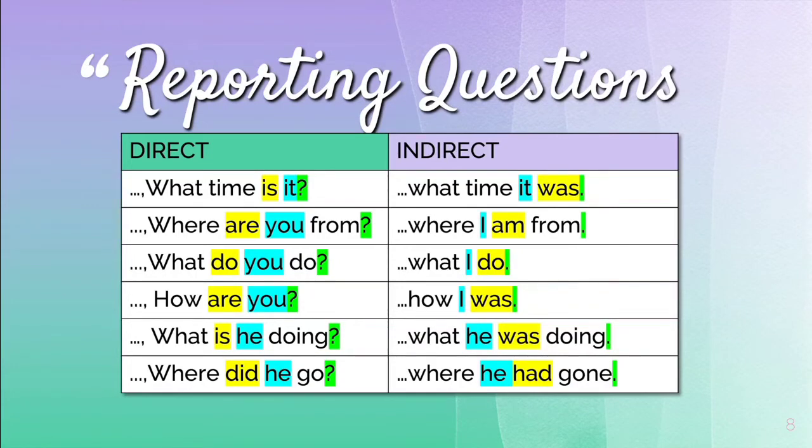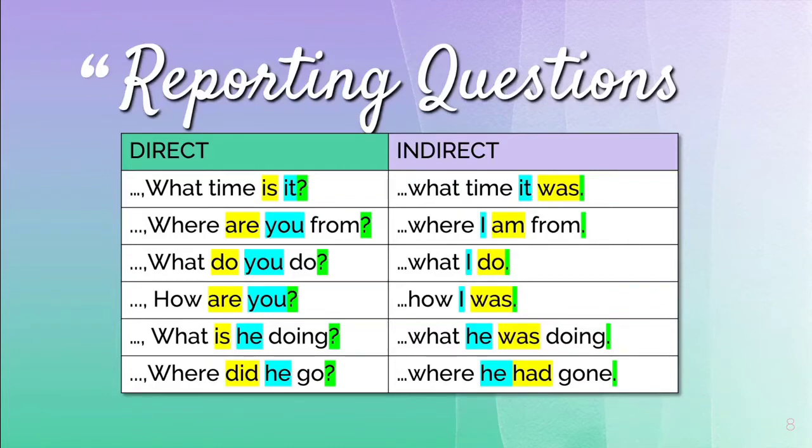Now notice here that I didn't change the tense, so I left the tense the same. Why is that? I will give you a few minutes to think about it, and I will give you another example of the same situation. "What do you do?" The indirect sentence would be "what I do."